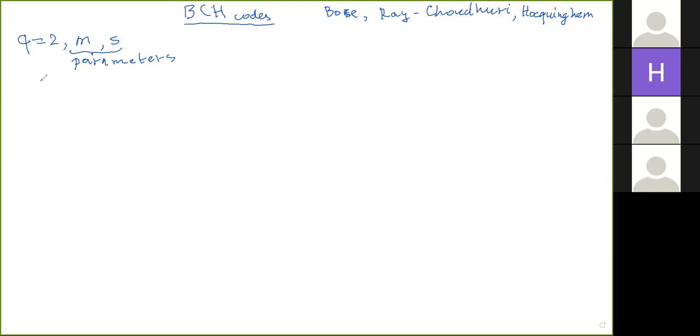And to define those codes, we need to consider, as for the Wozencraft code, a field, call it F, a Galois field of 2 to the m elements. So we will consider this field and we will use addition and multiplication of that field. And it is well known that that field includes F2.